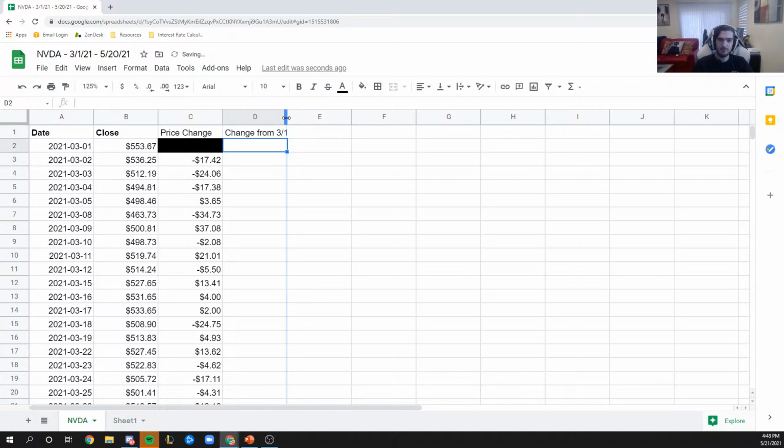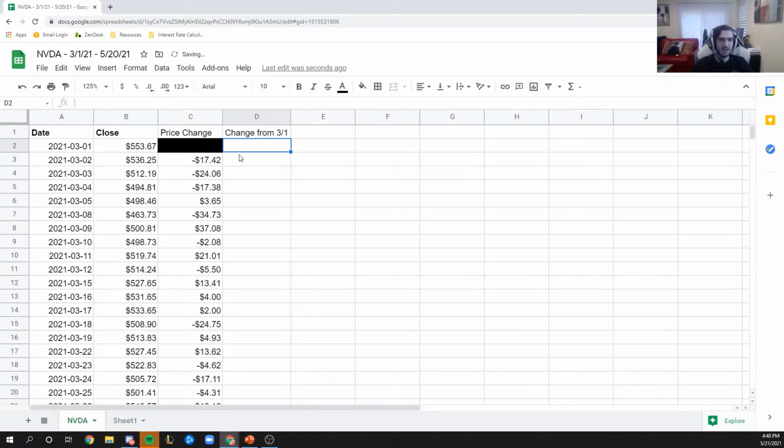What we're going to do is for every day, and remember we can't do this for the first day, we're going to find how much the price has changed compared to the 1st of March. So we're going to do this. Equals the price on that day minus the price from the 1st of March.